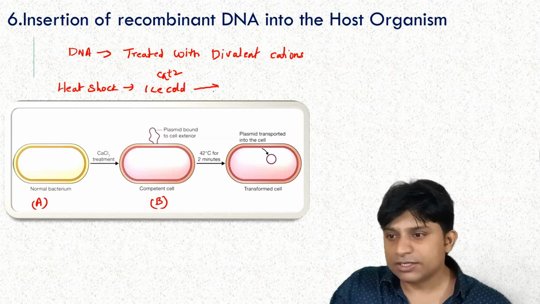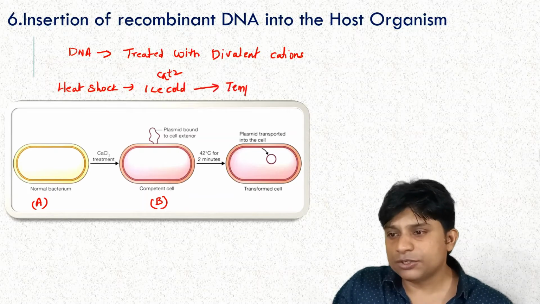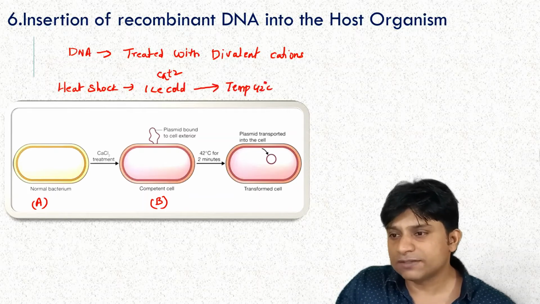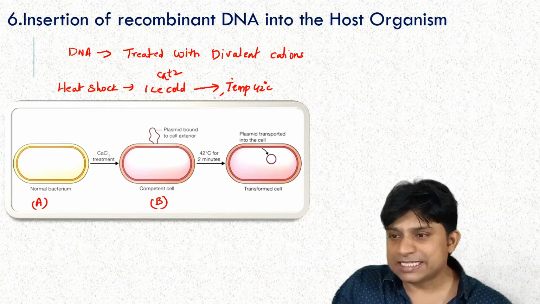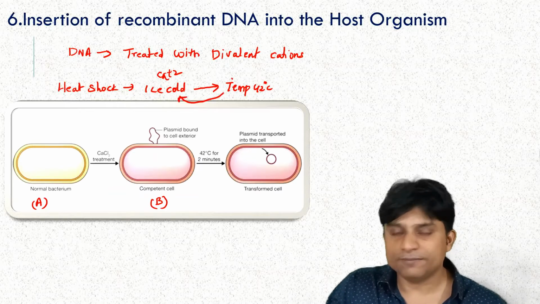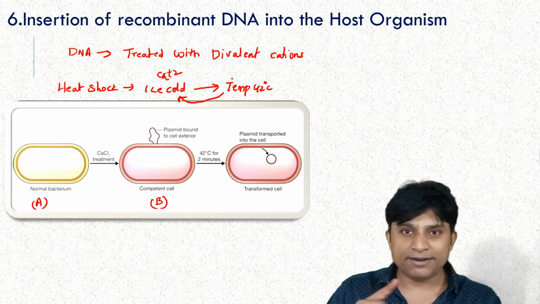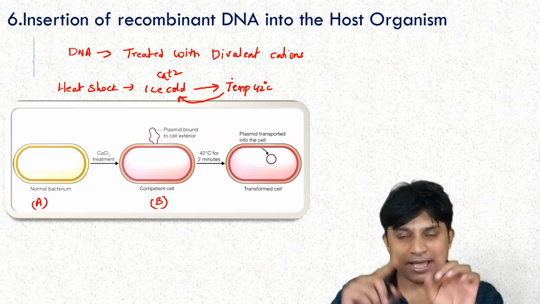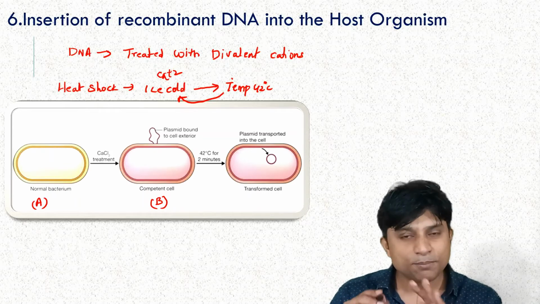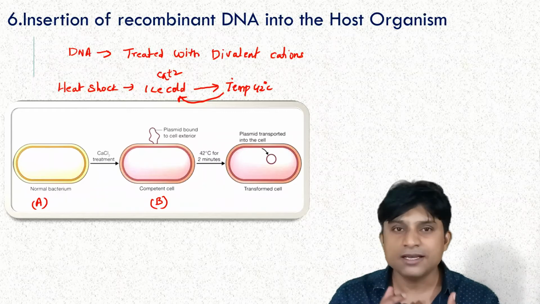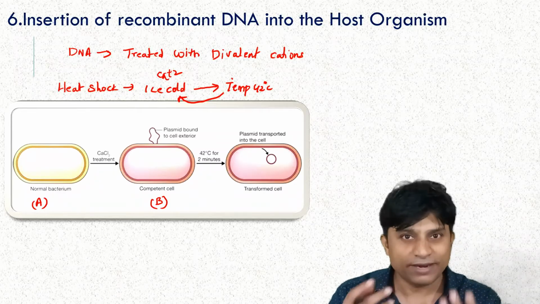From there, it is transferred to a temperature of 42 degrees. Once again, it is sent back to ice cold medium. By transferring in this way, the bacterial membrane becomes permeable for taking our gene of interest, that is vector.